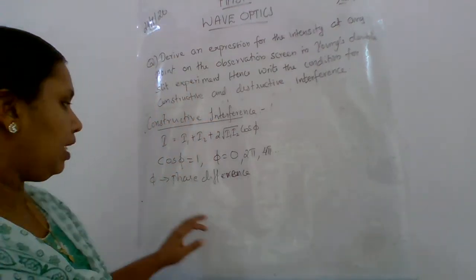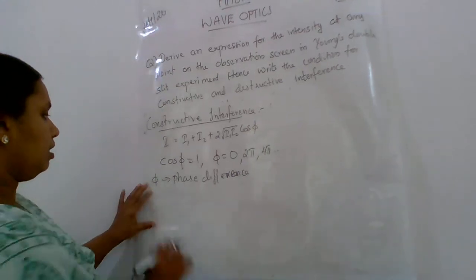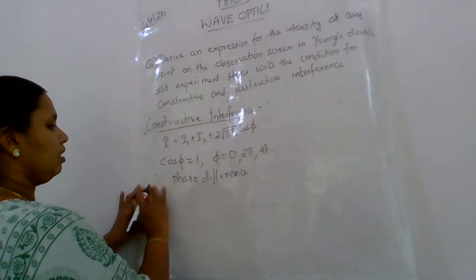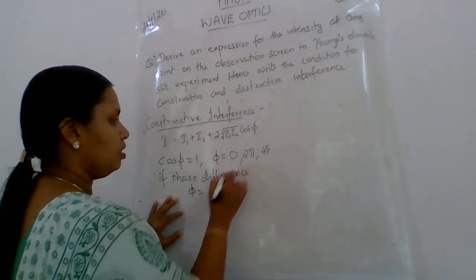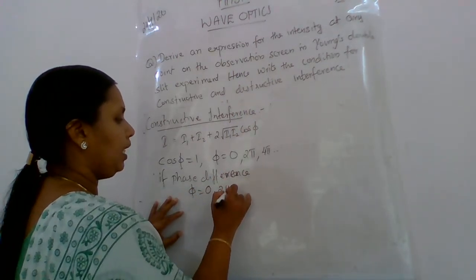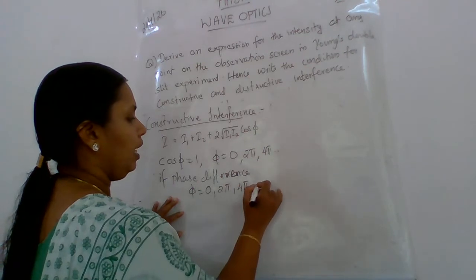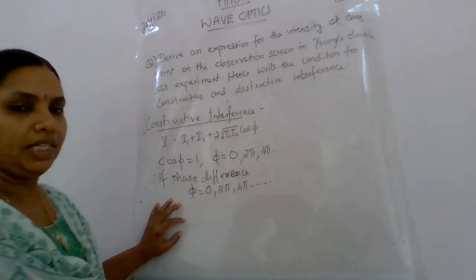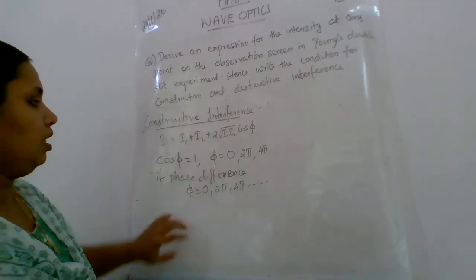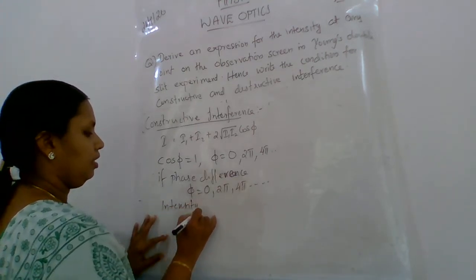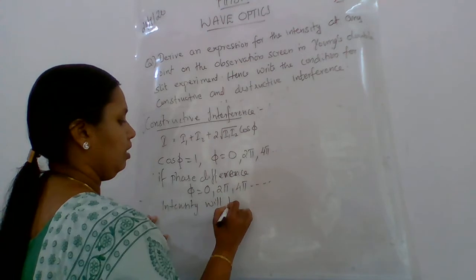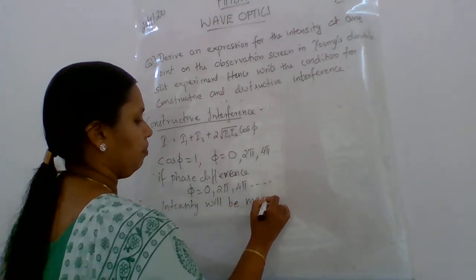So if the phase difference phi equals 0, 2 pi, 4 pi, etc., the intensity will be maximum.